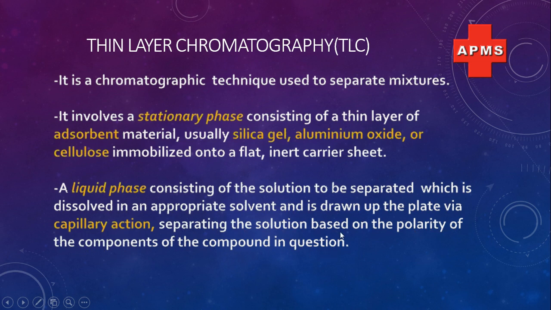So based on the polarity of the components in the sample, these are separated. Compounds which show more adsorption on silica gel or alumina gel travel slower, but components which show less interaction or less attractive force towards silica gel or alumina oxide travel faster with the solvent.